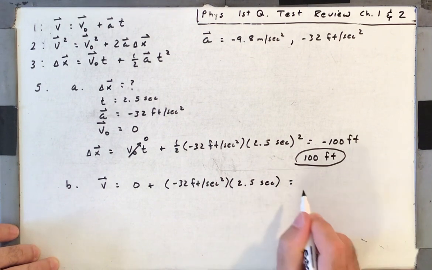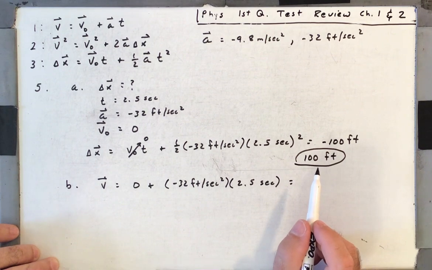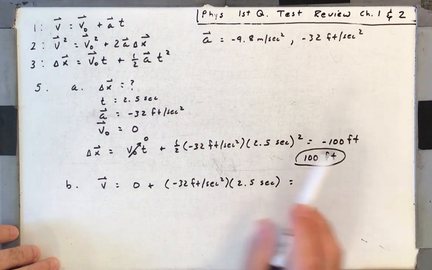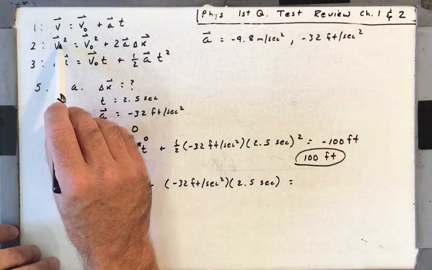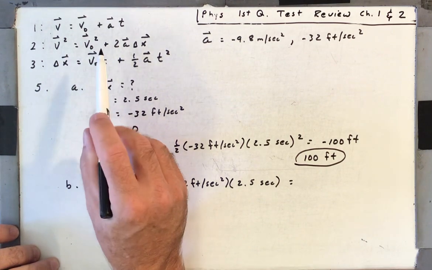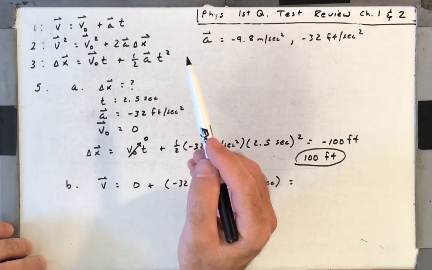And I think the reason that I wanted to use equation 1 instead of equation 2 is that with equation 2 I've got to take a square root. It's going to give me a positive answer, whereas if it's a negative velocity, equation 1 will give me that.